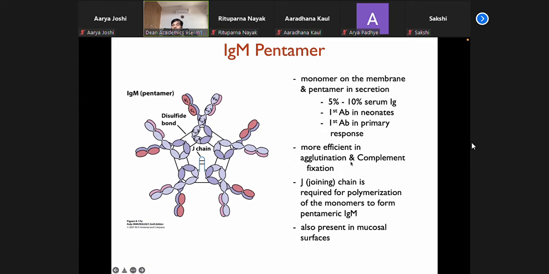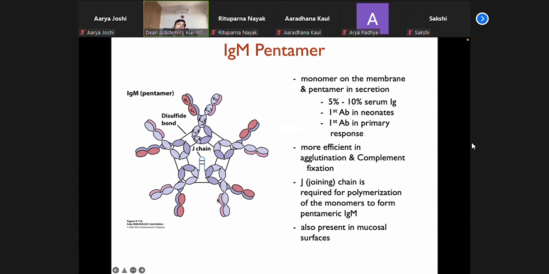This is very efficient in complement fixation. Complement fixation means that the complement binding site is present here, and it can very efficiently activate the complement system. It has this J chain, which is required for polymerization of monomers to form this pentamer and eventually bring about disulfide bond formation, right?